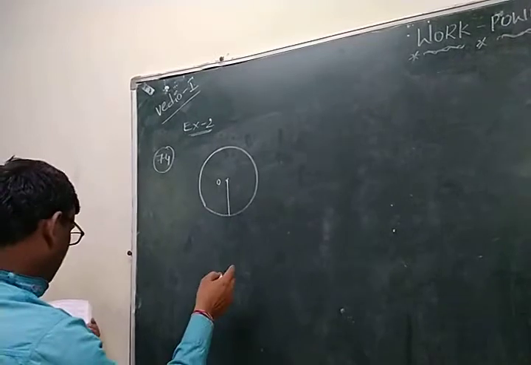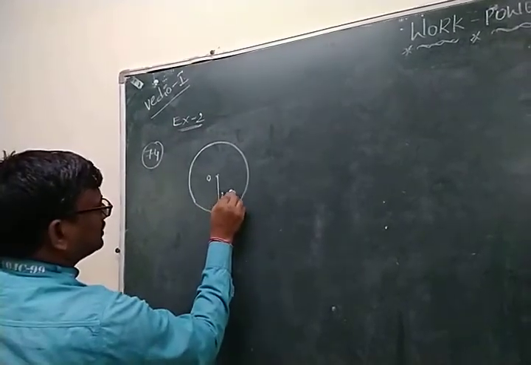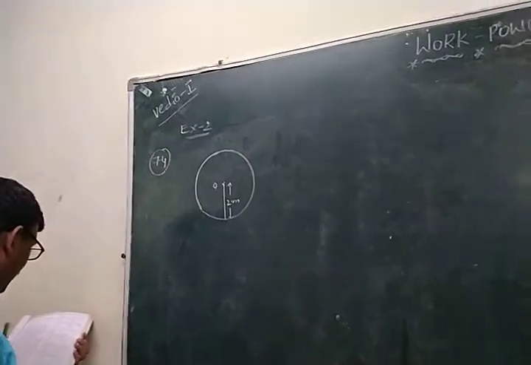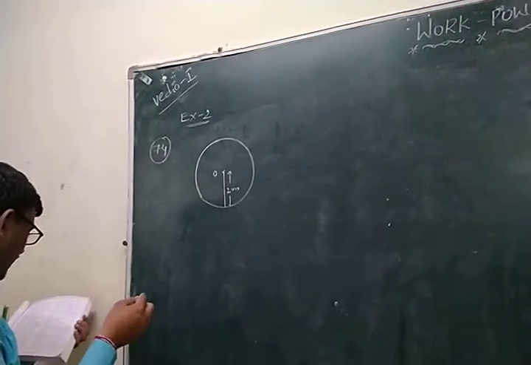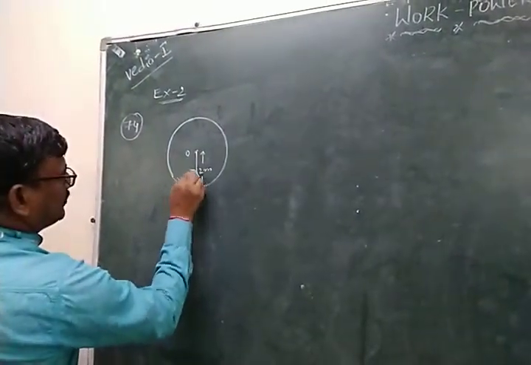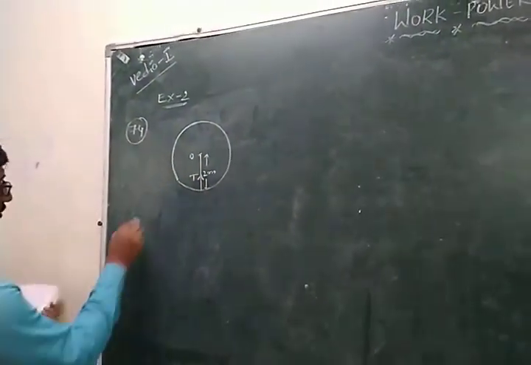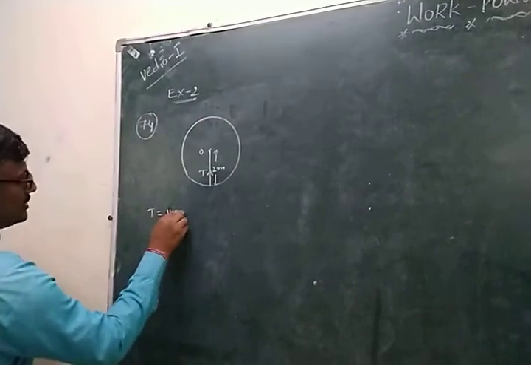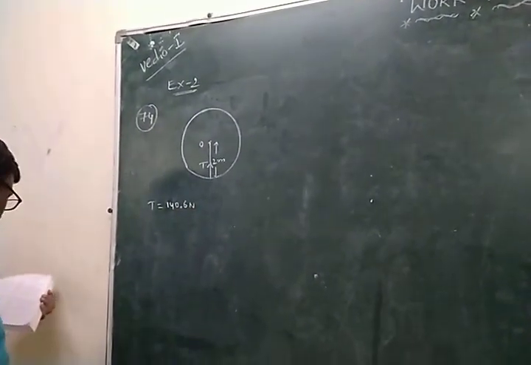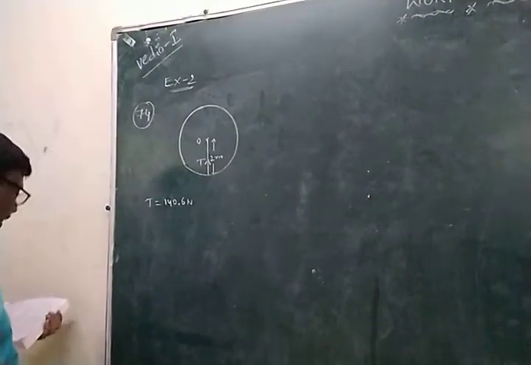Its length is 2 meters. The string can stand a tension of 140.6 Newton. The maximum speed at which the stone can be rotated?